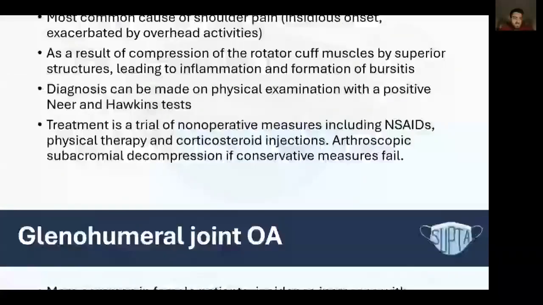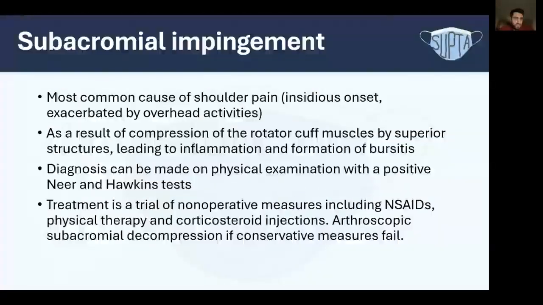The other condition that may be similar is subacromial impingement, which is the most common cause of shoulder pain. It usually has an insidious onset, develops gradually, and is exacerbated by overhead activities. This is as a result of the compression of the rotator cuff muscles by superior structures, leading to inflammation and formation of bursitis.